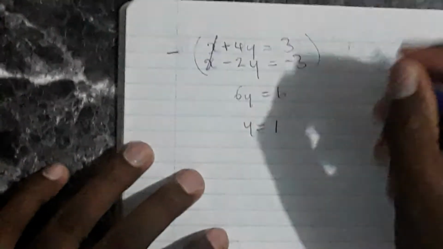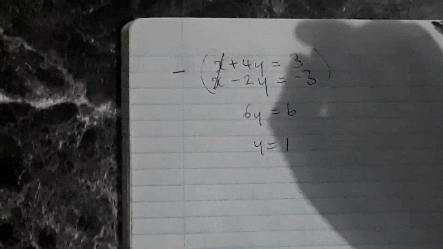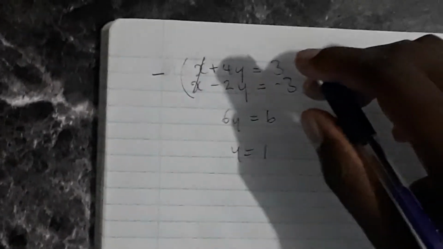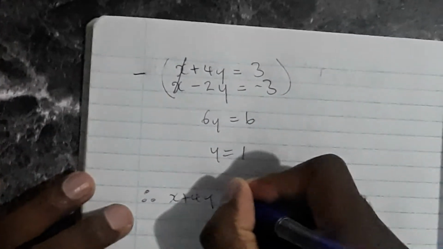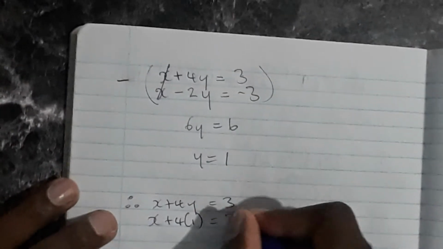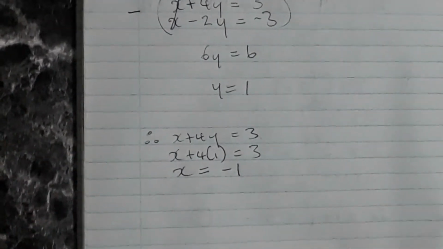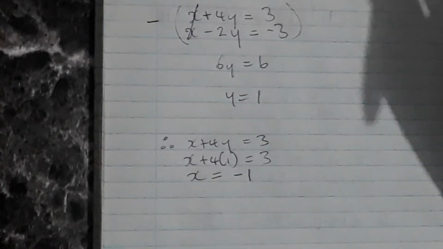Therefore y equals 1. To find the value of x, we can put y equal to 1 into equation 3 or equation 4, but we're going to use equation 3. So x plus 4 times 1 is equal to 3, so x would be equal to minus 1. And that is our answer, as we have gotten the values of x and y.